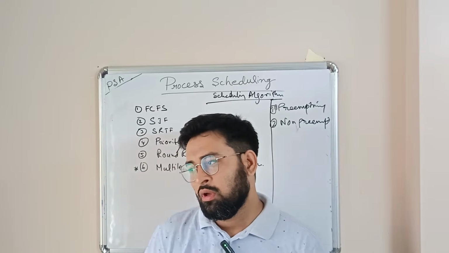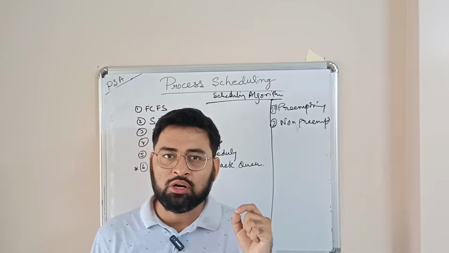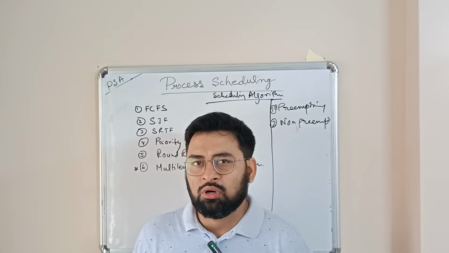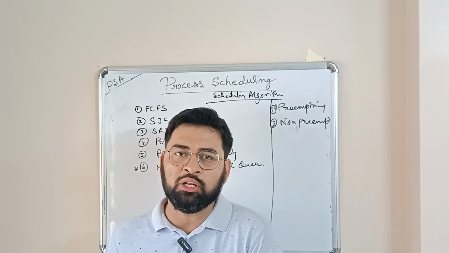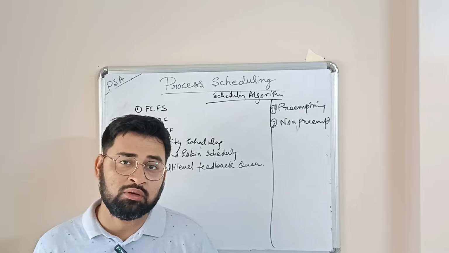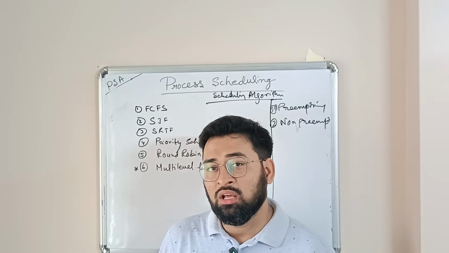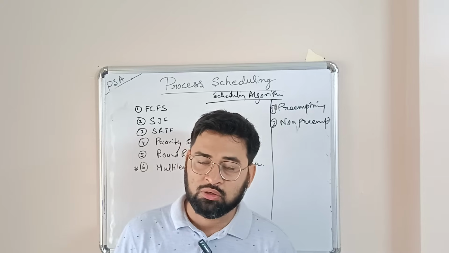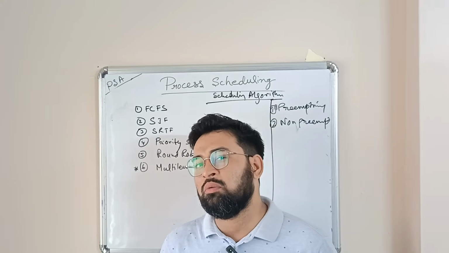Preemptive means what? When the CPU control is given to a process P1, preemption means that if any other high priority process comes and asks for the control of the CPU, then the operating system will decide whether it should be given to that high urgency process or not. That will be the decision made by the operating system.